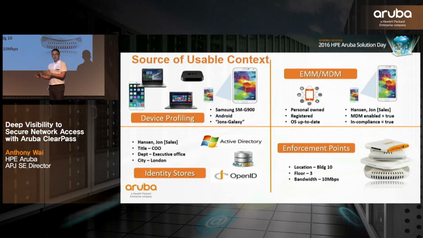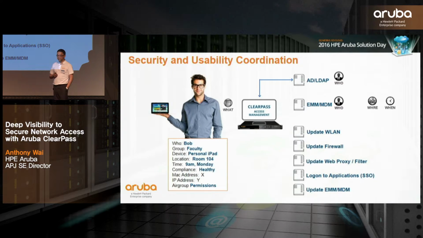So why is this person doing it at the warehouse? Is he supposed to be there? What kind of access should we give to this person when he's connecting in a location that he's not supposed to be in? So all this context information is being gathered centrally in ClearPass so that ClearPass can make a good decision on access management.